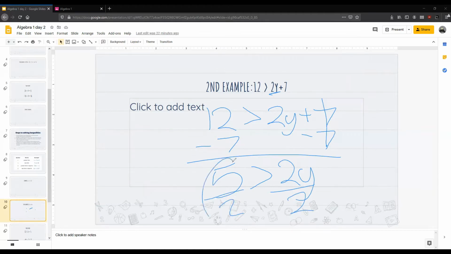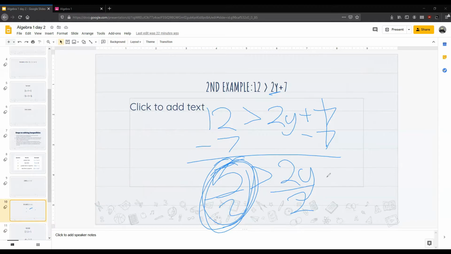Now, because of how simple this number is, you don't need to turn it into a decimal. You can just leave it as this, or you can turn it into a decimal, but most teachers would tell you to simplify it and keep it as a fraction. If you get a decimal, you would turn it into a fraction, but since this is simple, you can just keep it as 5/2.